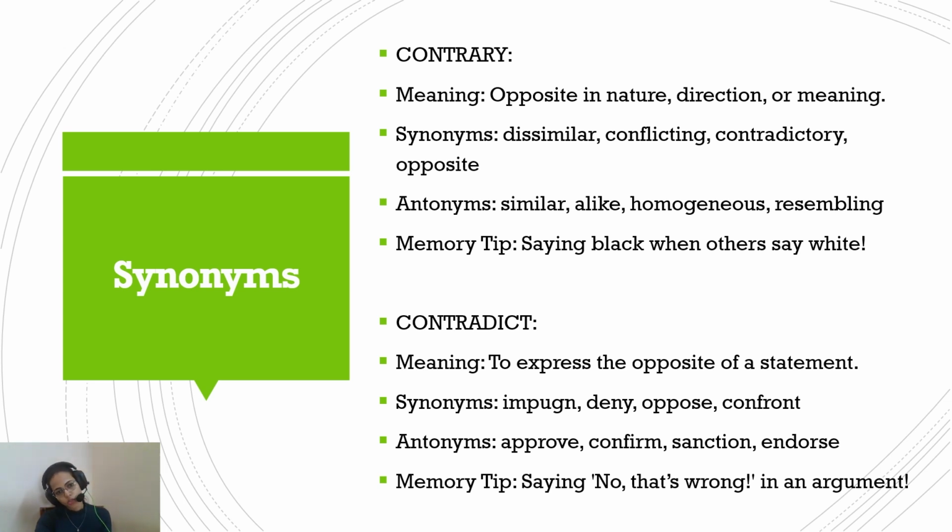Contradict, again, it's very similar to contrary, to express the opposite of a statement. So if I am saying you should study every day, and you're saying no, studying only in the last month also works to clear the exam, you're contradicting my statement. So you're expressing the opposite statement. The synonyms would be to impugn, to deny, to oppose, to confront, and the antonym would be to approve, confirm, sanction, endorse.